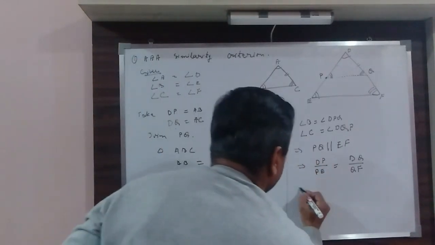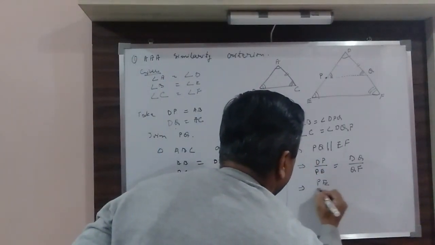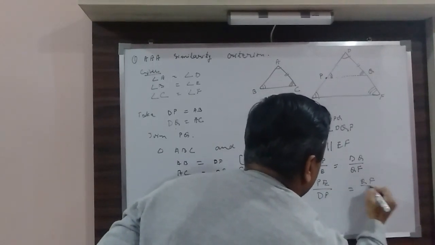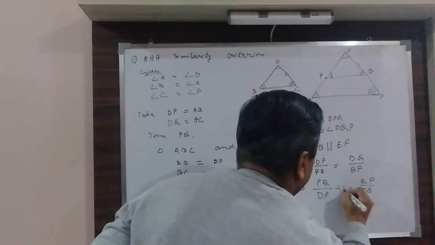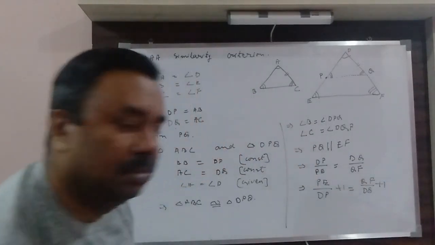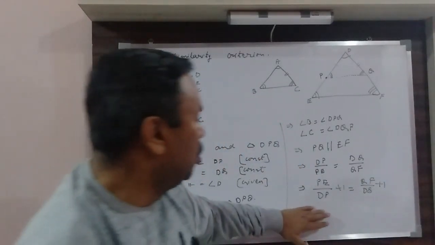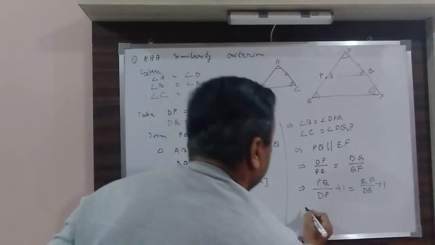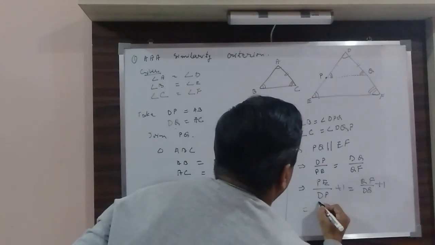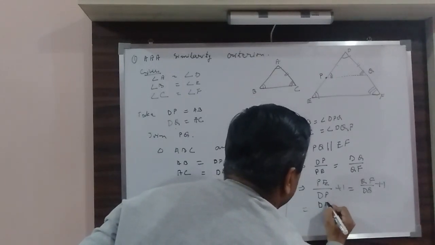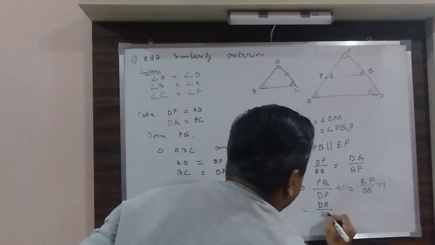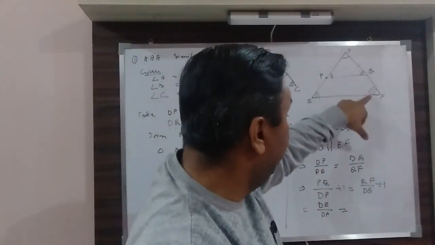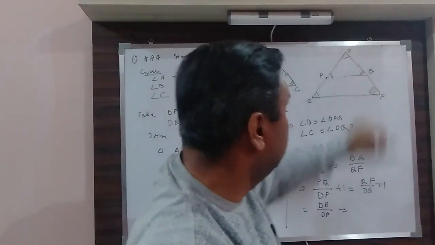That is PE over DP will be equal to QF over DQ. Add 1 to both sides. This will be PE plus DP, that means DE over DP, and the other side will be QF plus DQ.